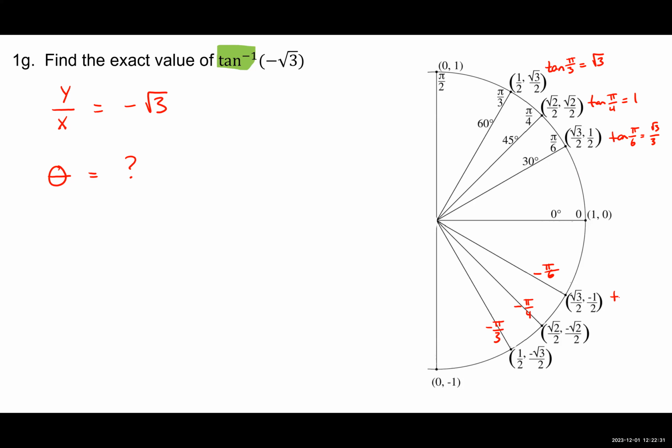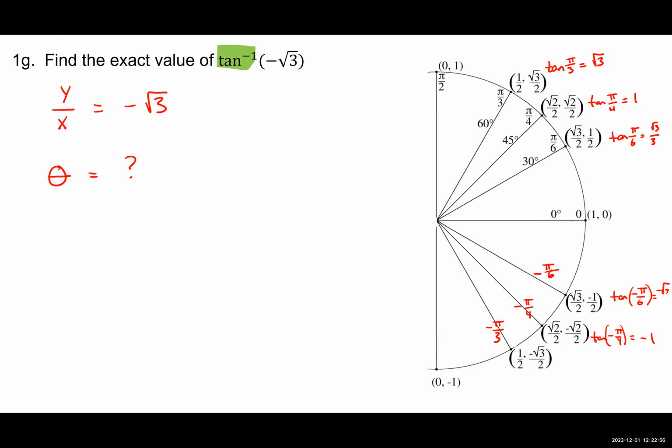So the tangent of negative pi over 6 is going to be negative square root of 3 over 3. The tangent of negative pi over 4 is negative 1.